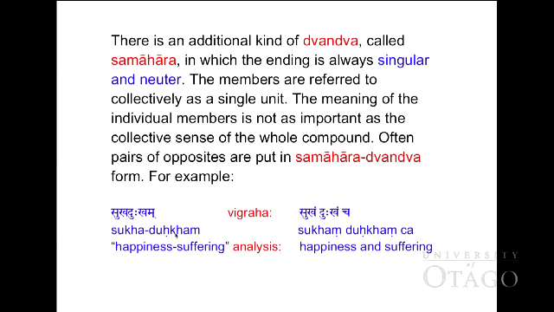So Sukha Dukkha, we consider these two things as one. So we use it in singular, neuter. So Sukham Dukkham is in singular, neuter, even though it is nominative or accusative. It comes from Sukham Dukkham cha, happiness and suffering.